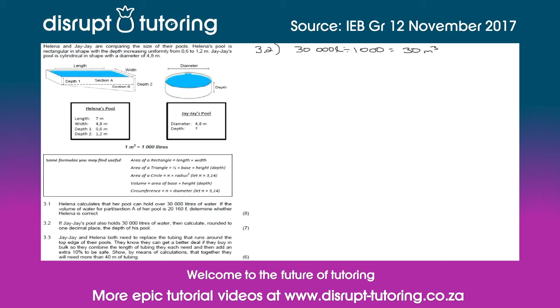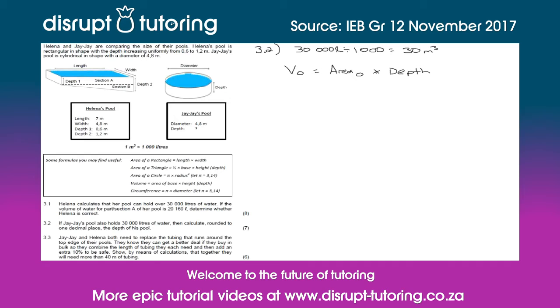So volume equals the area of a circle times the depth. And now depth is what we're missing.